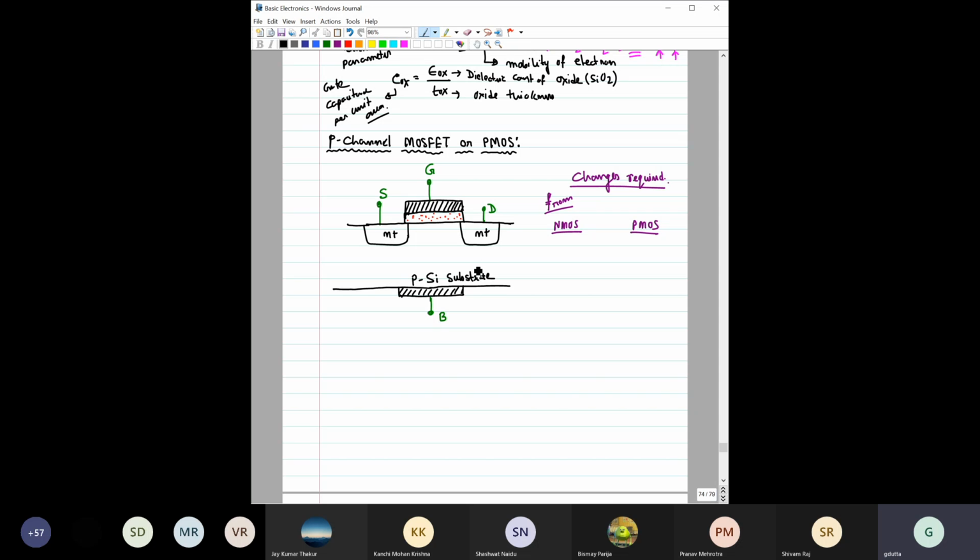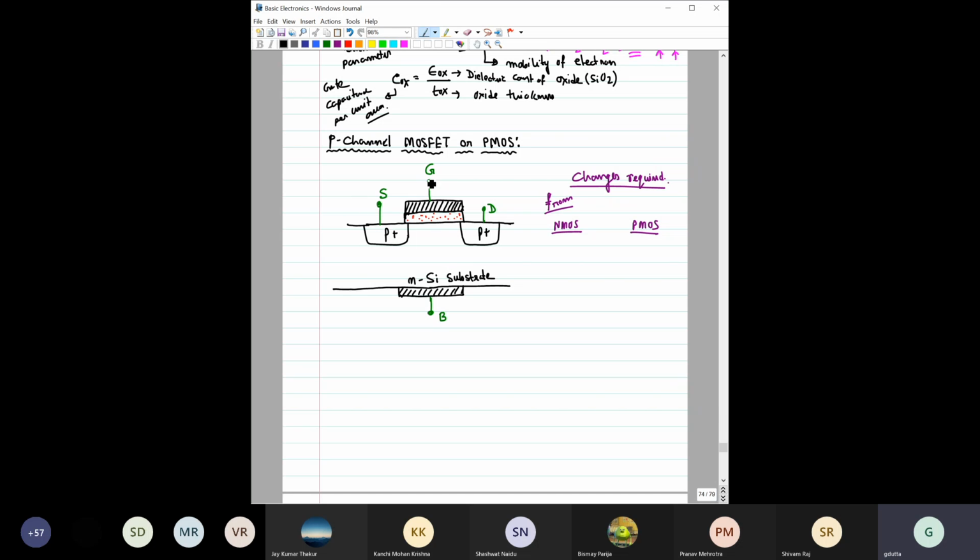I have just copied it, right? But for a P channel MOSFET, everything will alter, right? This P silicon will become N silicon, right? And this N plus would become P plus, right? These things will alter from NMOS to PMOS. So that makes this P channel MOSFET.